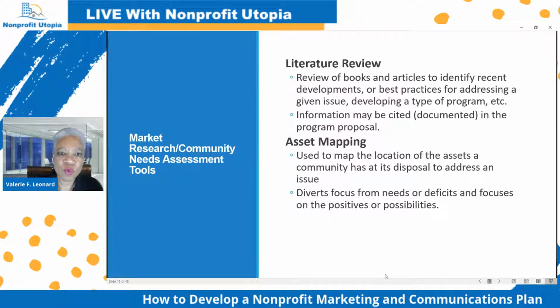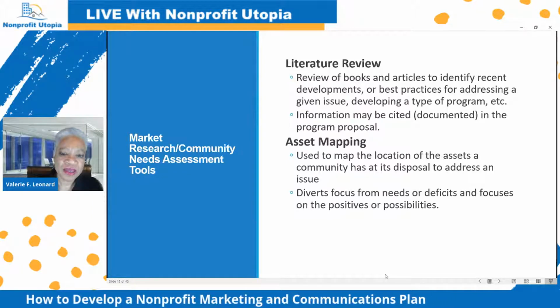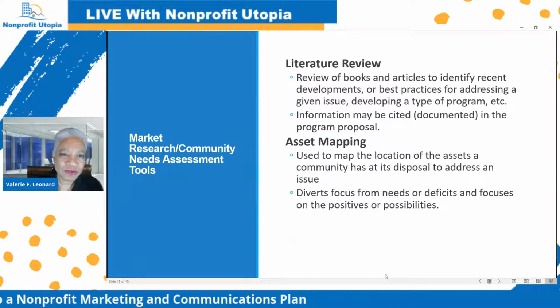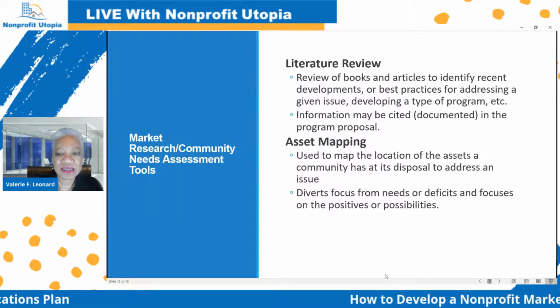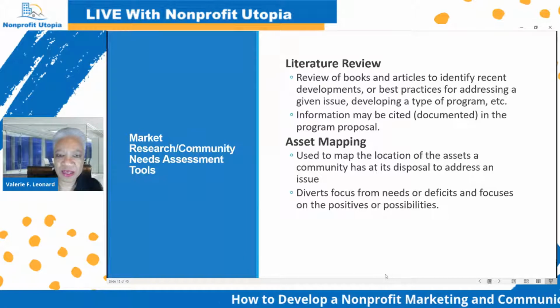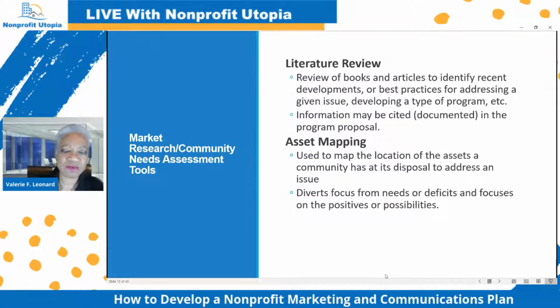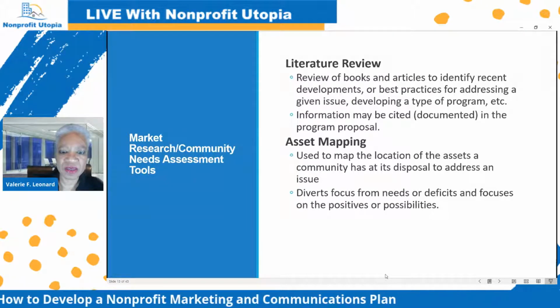So you want to know where your assets are, and then you want to also focus on the positive. When we look at the assets, we tend to not focus so much on the negative, and how our communities can be needy.